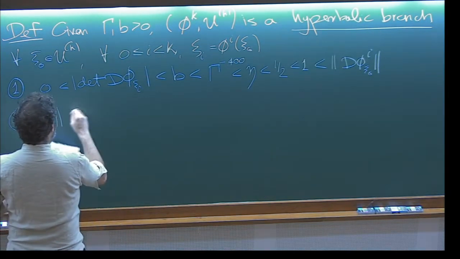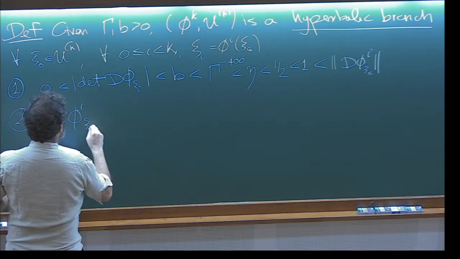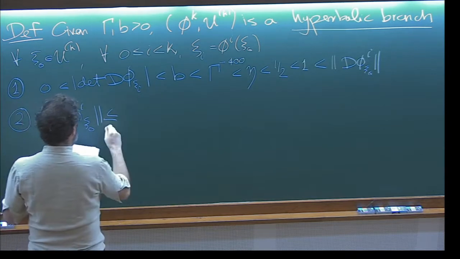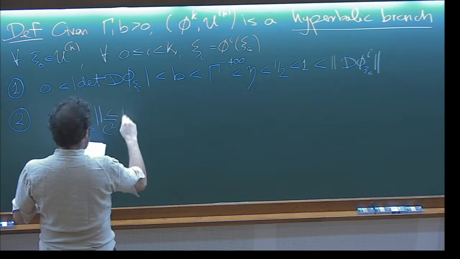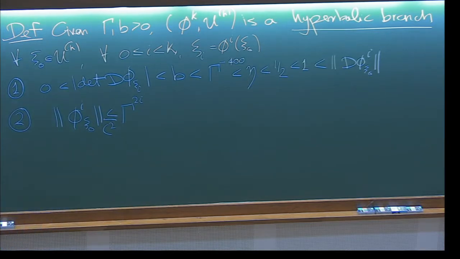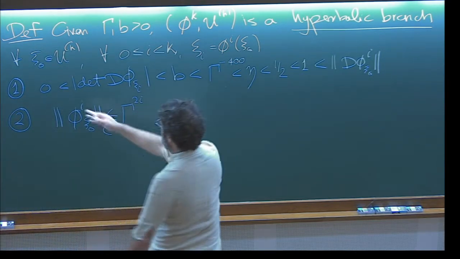So we have that phi I in C0 should be bounded, the first and second derivatives. So in C2, this should be bounded by gamma 2 to the I. So this is just saying that the first and second derivatives do not grow exponentially more than at the speed gamma 2 as you iterate.